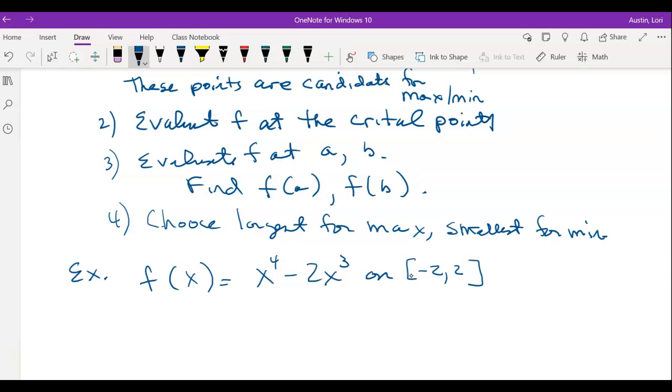So how are we going to do that? To get critical points, remember, you're looking at where the derivative equals 0 or is undefined.